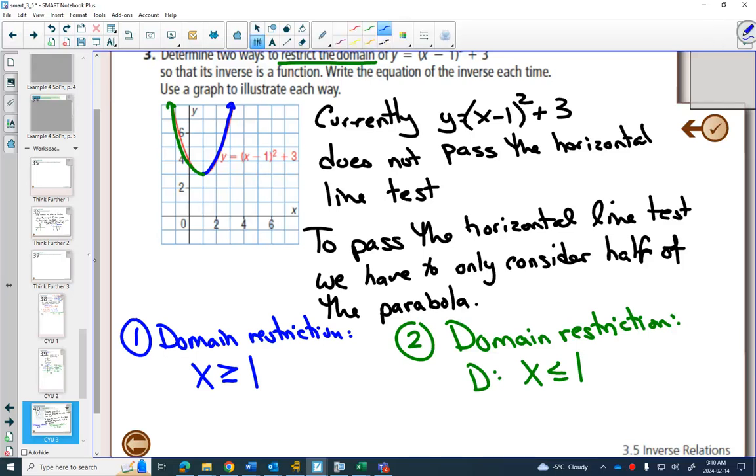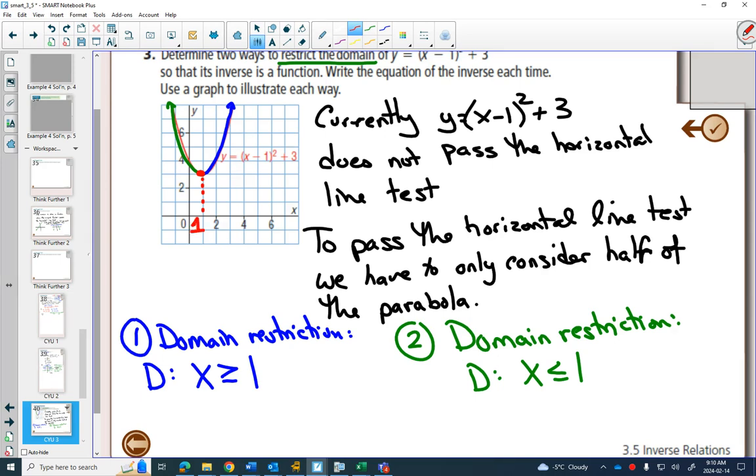So a domain restriction question is asking about this original graph. How could we do that so it passes the horizontal line test? And we could do that by finding where the vertex is. And really, on the vertex, we're only really worried about what that x value is.